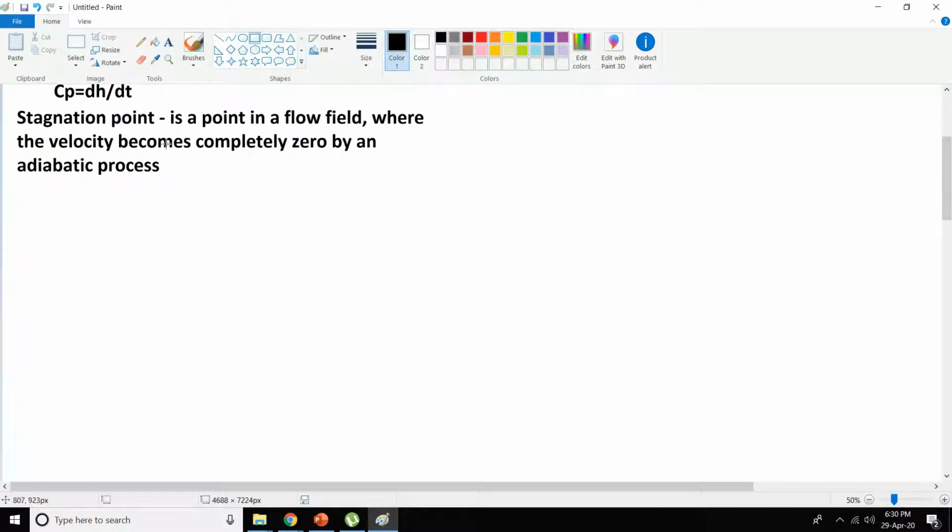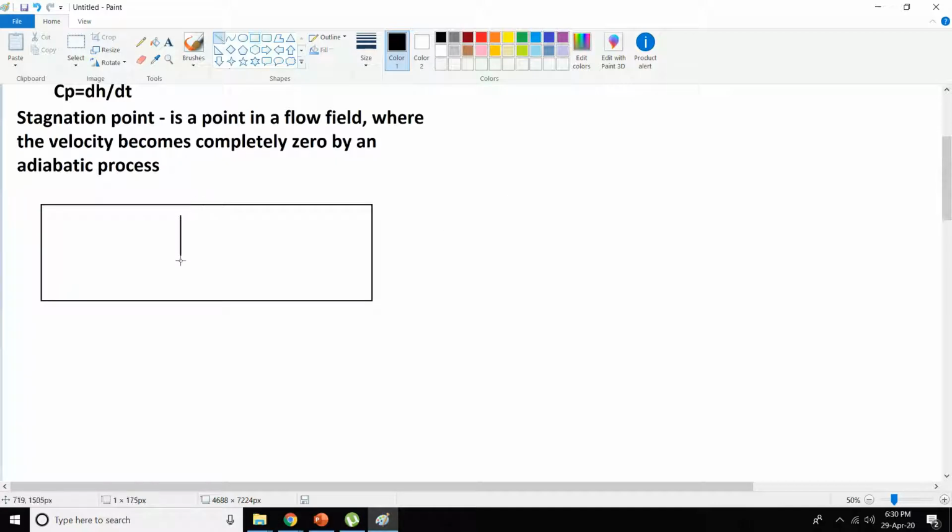So let us say you have some fluid element and you drop something in the center and all of the fluid is going in, but at this point, all of the molecules will come and collide, and one of the molecules will be stuck there and the velocity of that will be equal to 0. That point you call a stagnation point, where the velocity became 0 through adiabatic compression.